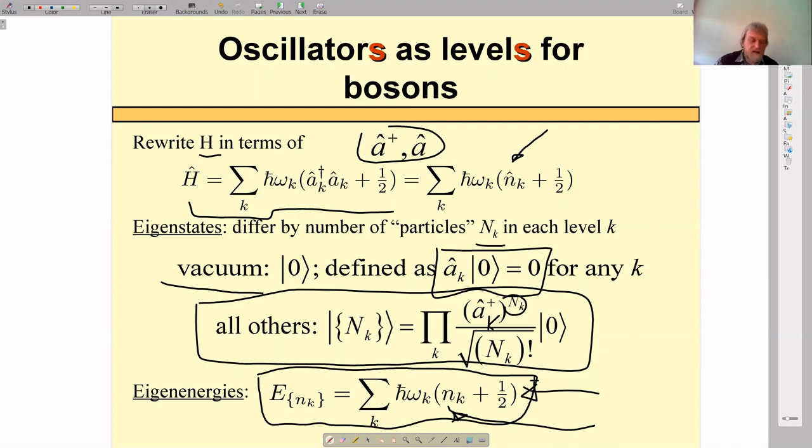That basically completes the formal description of quantization. So from now on, we know that any field, any classical field in fact, is a field which can produce bosonic particles.